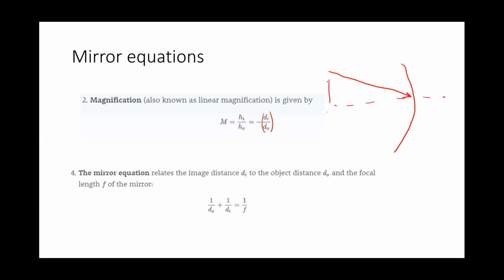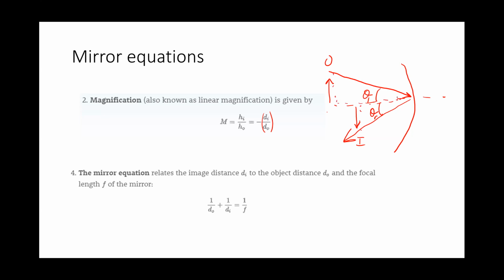Let's say I've got an object over here. The ray that hits the center line is going to reflect out at the same angle. So wherever my image is, it's going to subtend this same angle of incidence versus angle of reflection. So I'm going to have some similar triangles going on here.